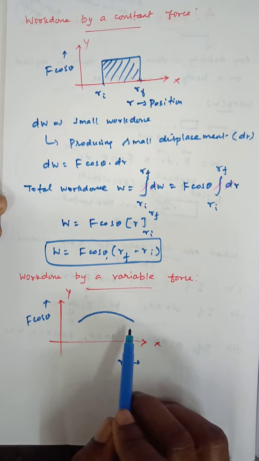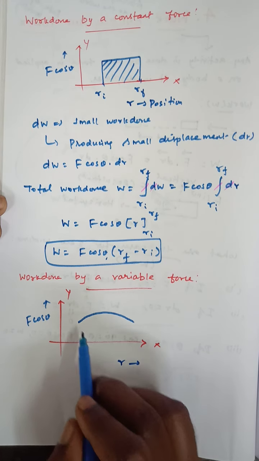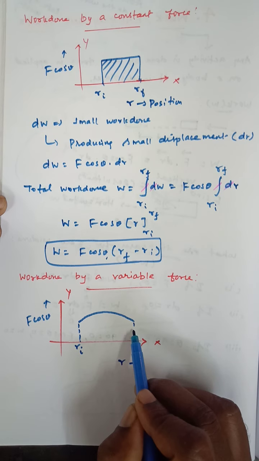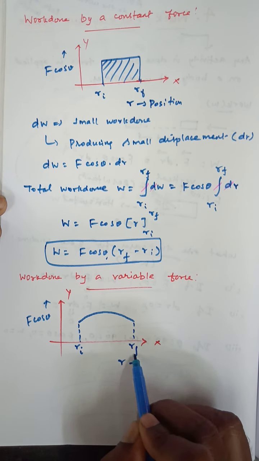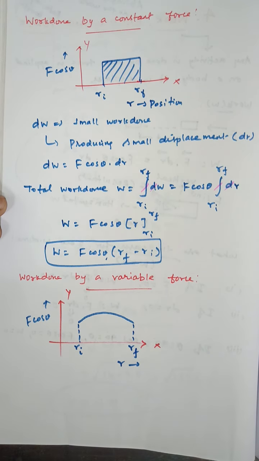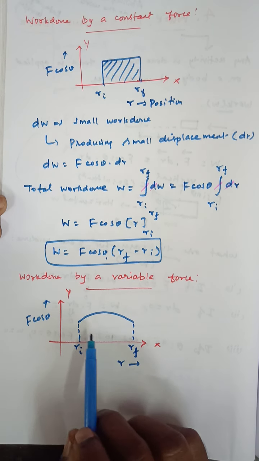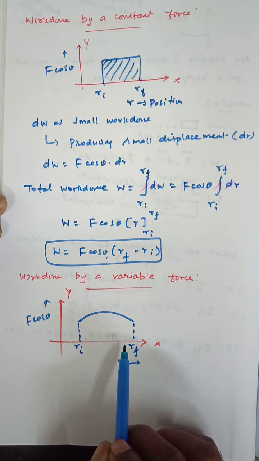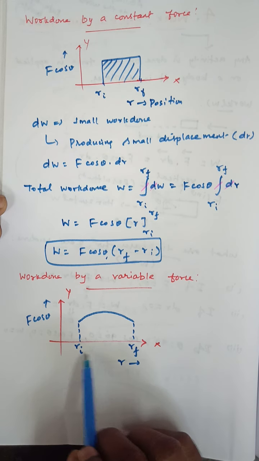This is the meaning of a variable force. This is the initial position of the object, Ri, and this is the final position of the object, Rf. Now we want to find the work done by this variable force acting on the object, moving it from Ri to Rf.